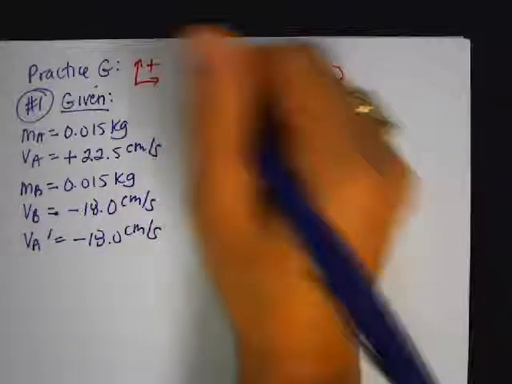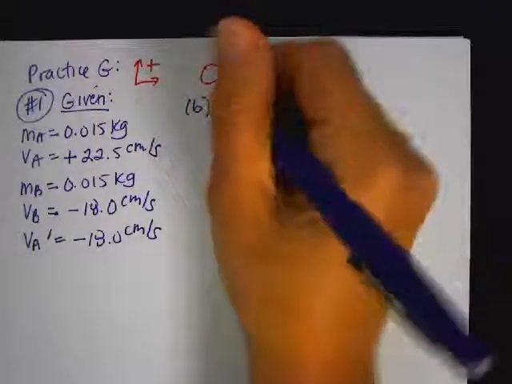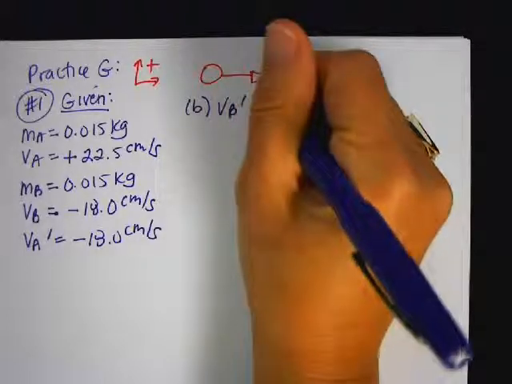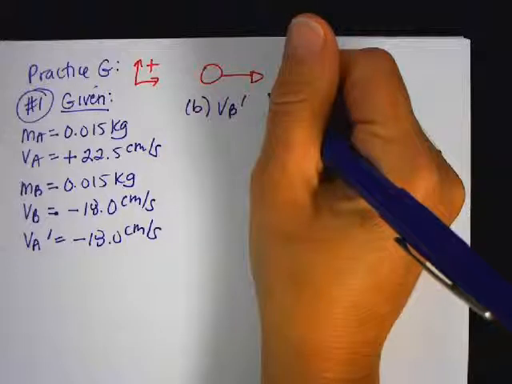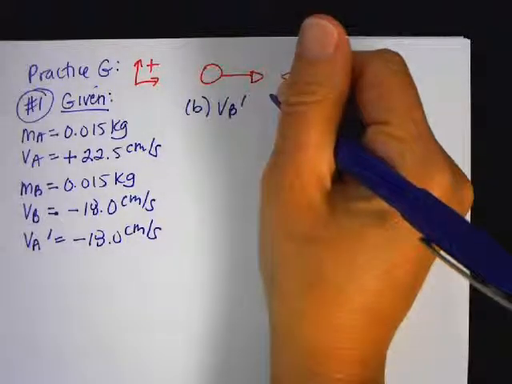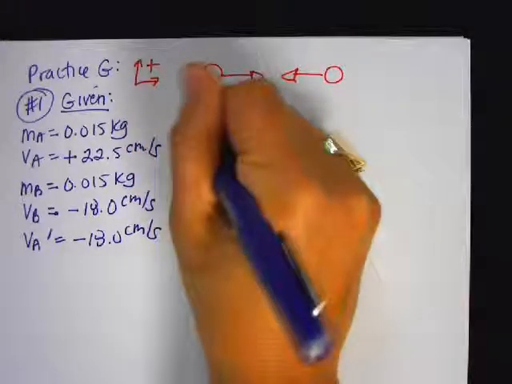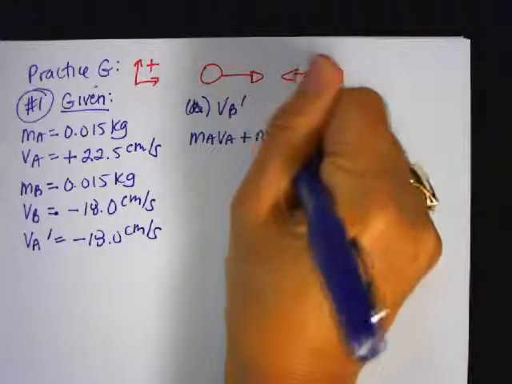We're going to find VB prime, and then we're supposed to also verify your answer by calculating the kinetic energy before and after. That's supposed to be part A. So MAVA plus MBVB.